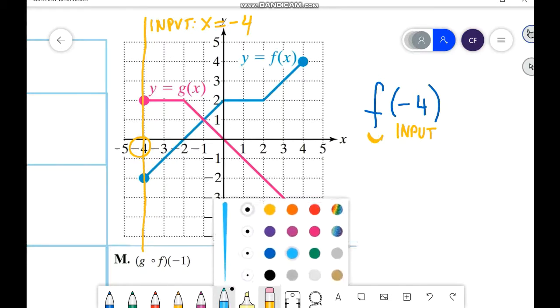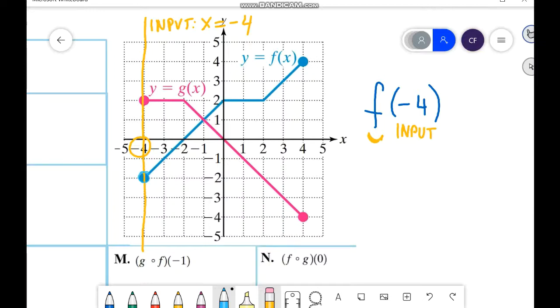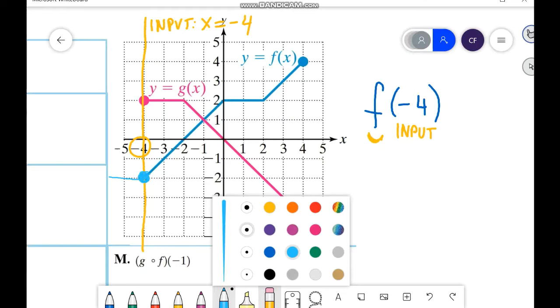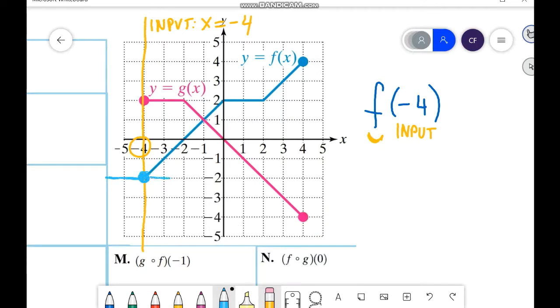Function f is the blue one, right? So that's the horizontal line of the output. And the output is y equals -2.